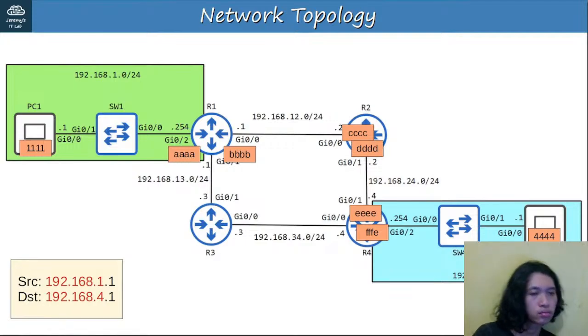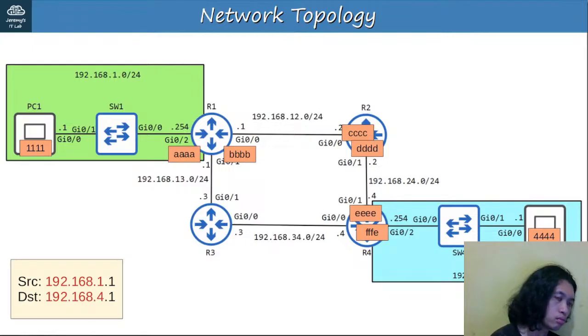Okay, so PC1 wants to send some data to PC4, and it's encapsulated in this IP header. The source is 192.168.1.1, PC1's IP address, and the destination is 192.168.4.1, PC4's IP address.